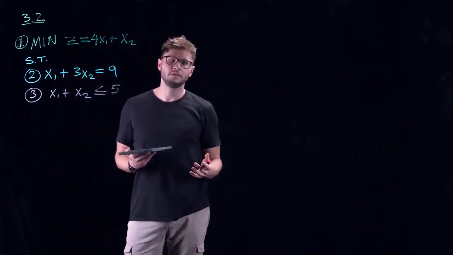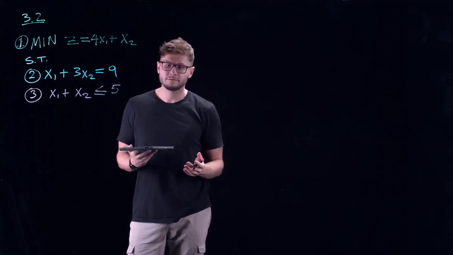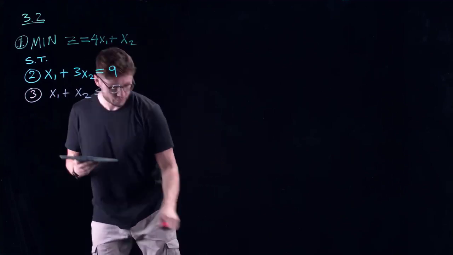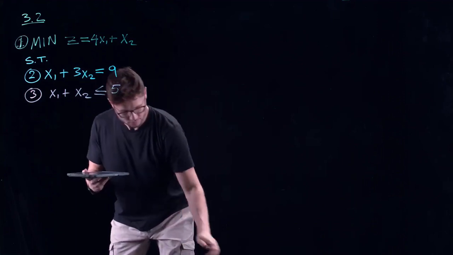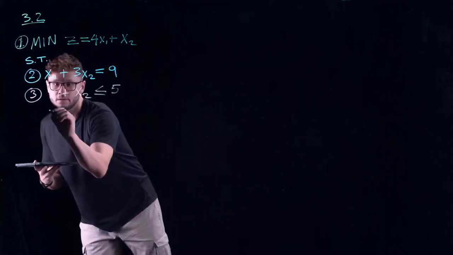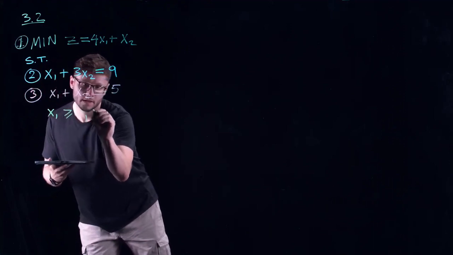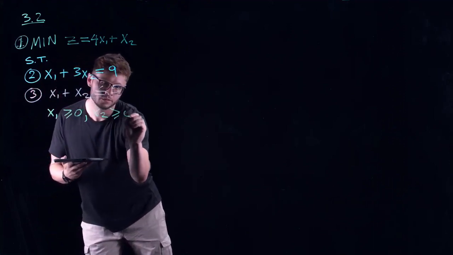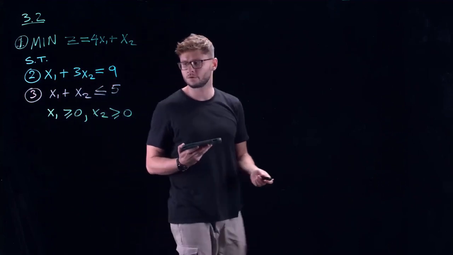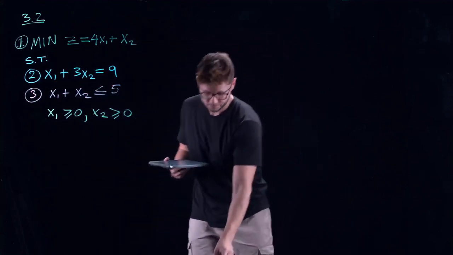And as usual with these linear programming problems, we have non-negativity constraints, which are simply x1 bigger or equal to 0 and x2 bigger or equal to 0, so as to not get negative values for our variables.